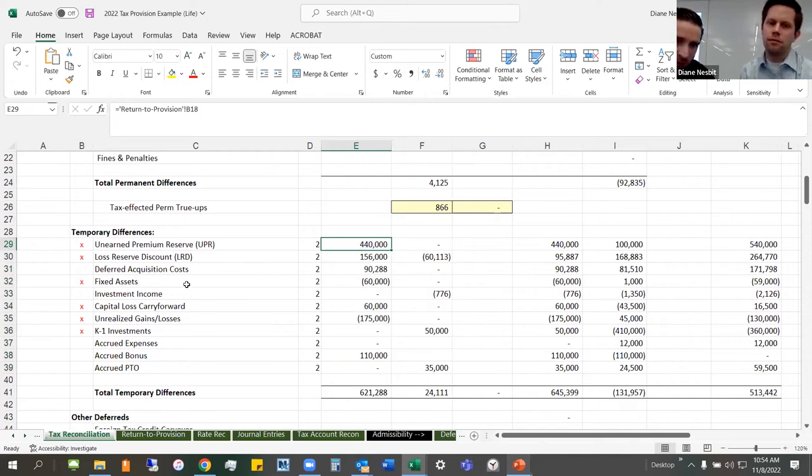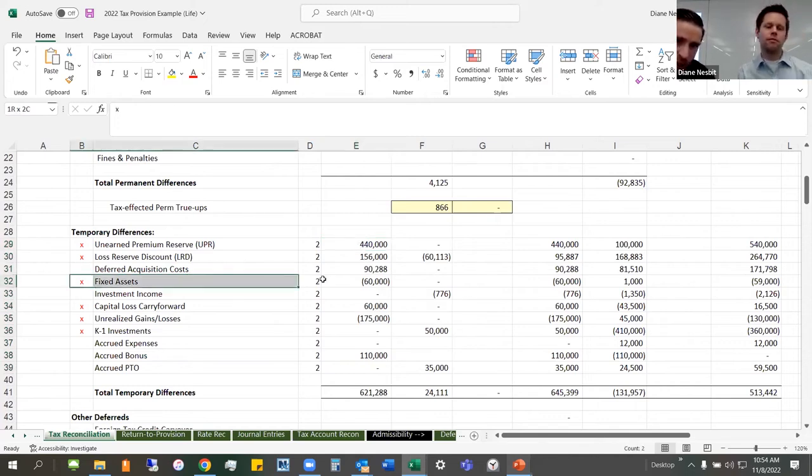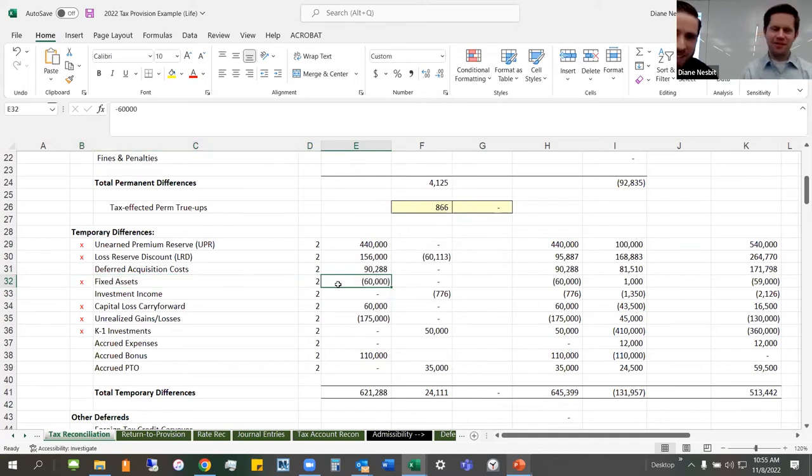Take the fixed assets in our example. After year 1, we had no tax basis in our fixed assets because we took a full $75,000 expense in the year before.